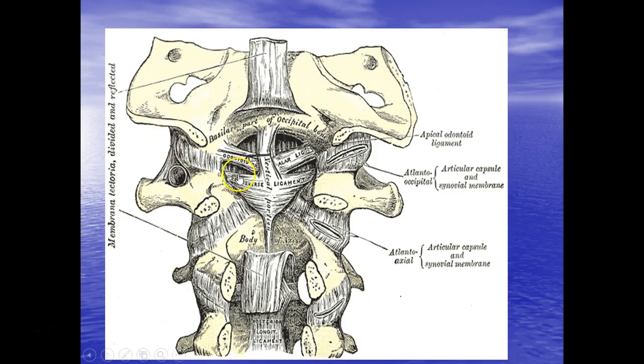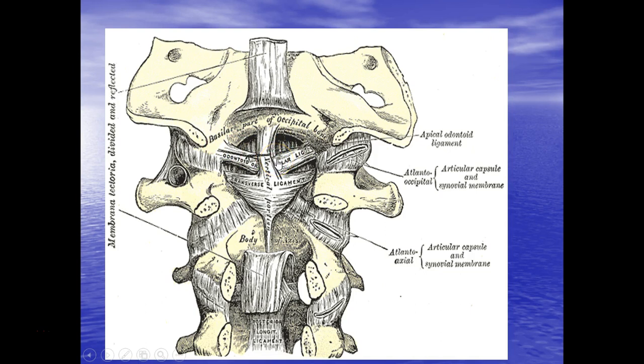Okay. And again, on this posterior view, we've got the cruciform ligament, the transverse band of the cruciform and its vertical divisions, and then anterior to this cruciform ligament are the alar ligaments, which run from the upper surface of the odontoid, which would be just about where the cursor is in here, and running from there upwards and laterally to attach to the inner lateral borders of the foramen magnum on either side.